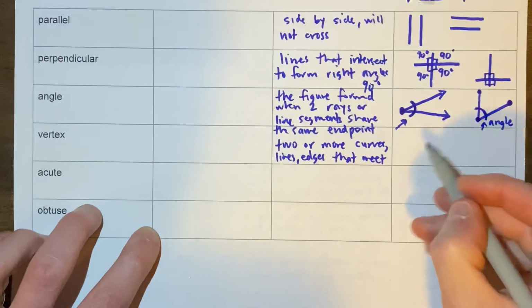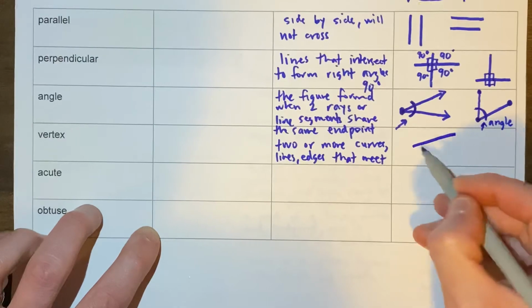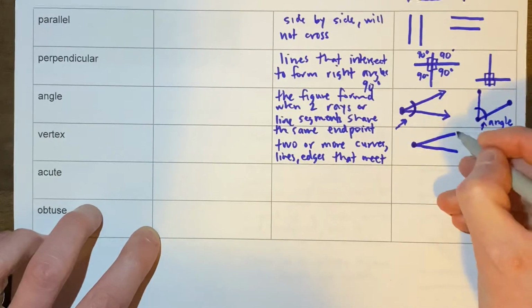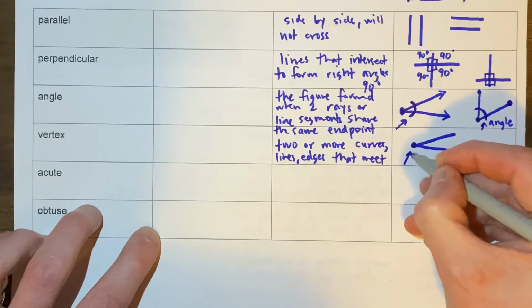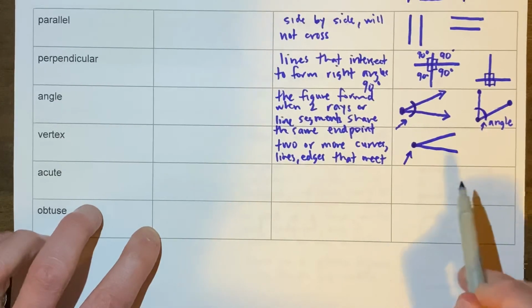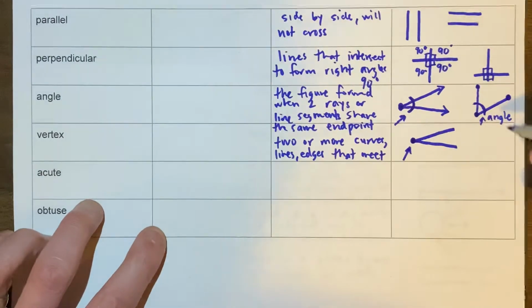So for instance, if we have here to here, this part right here where these two lines meet is called a vertex.